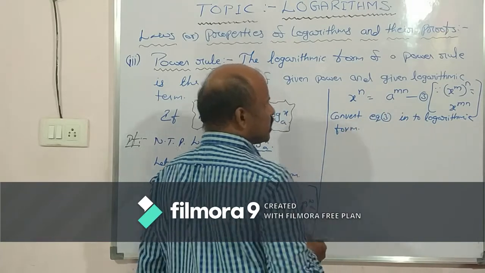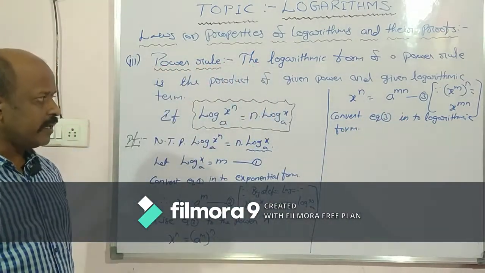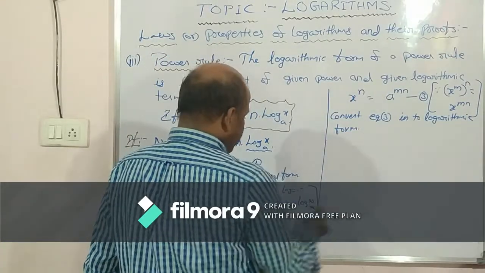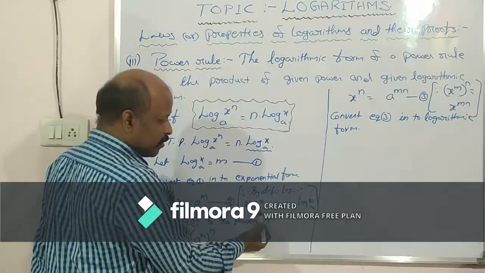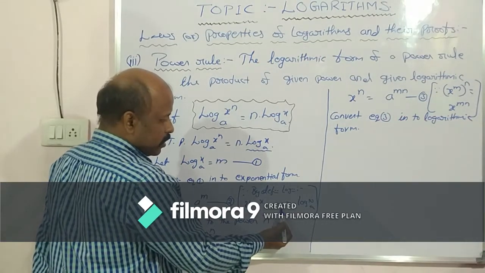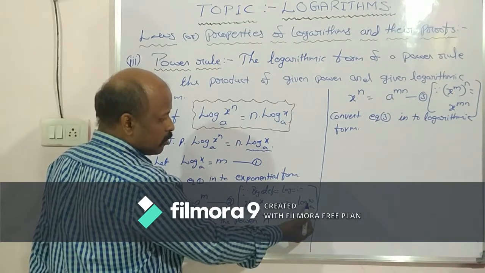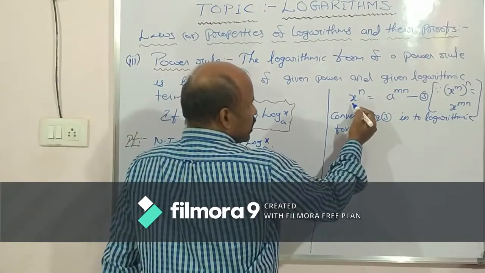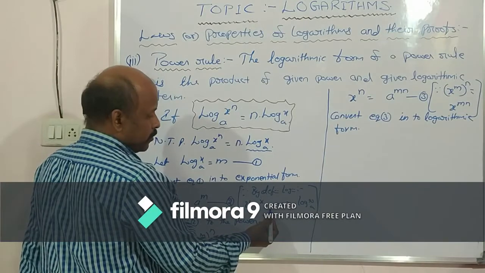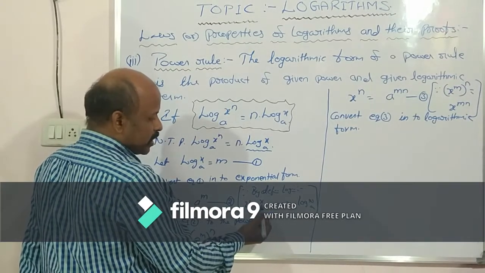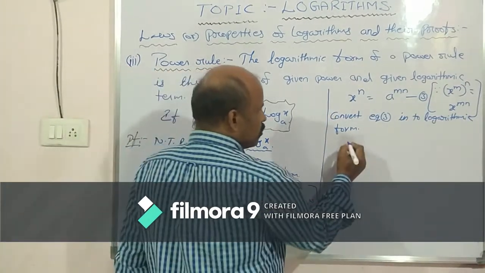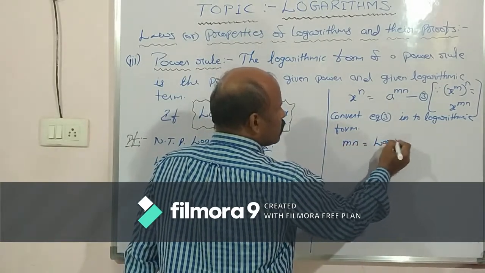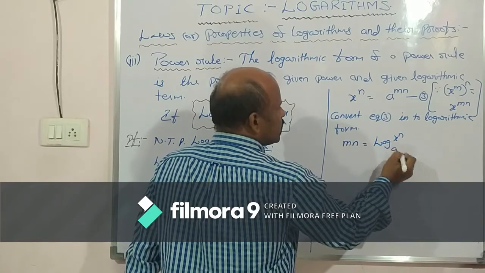How can we convert this? Using the definition of logarithm. If a power x is equal to n, then x is equal to log n base a. Here when you observe, x power n is nothing but n, and a power x is nothing but mn. So mn is equal to log x power n base a.